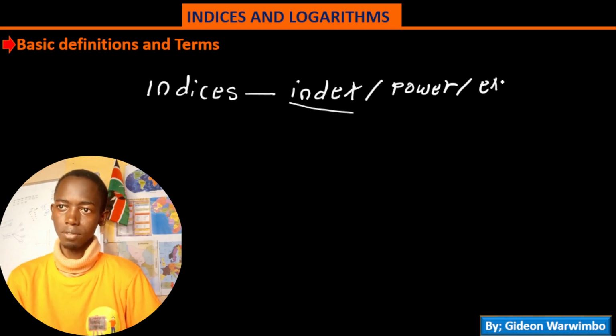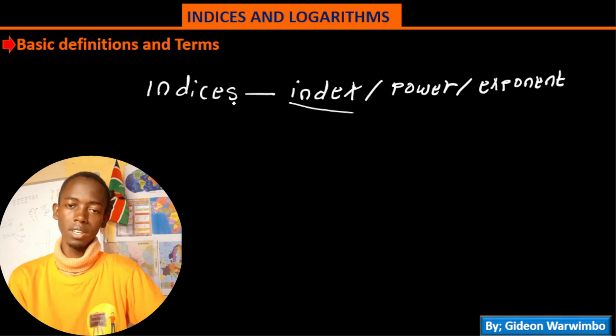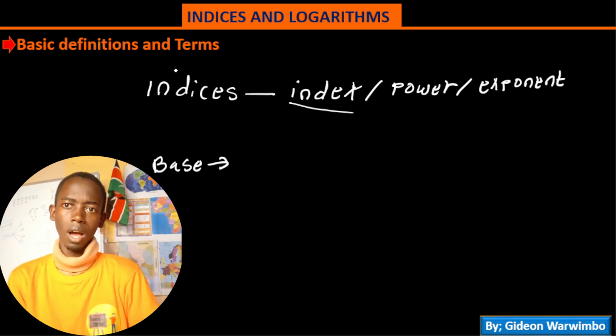Let me write it there for you. Exponent. So that's the origin of the term index, or rather indices. But for us to be able to have power, that implies that we should have something that we call a base. Therefore, a base should be there, and that is a term that we are also going to expound more on. But before then, how do we put together an index and a base?